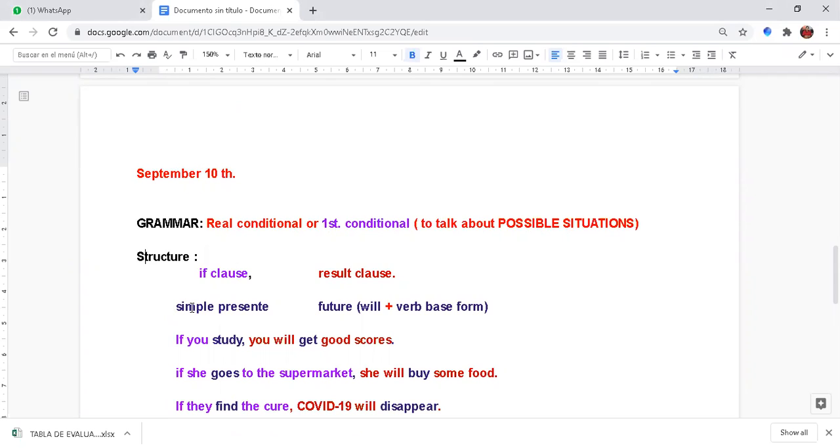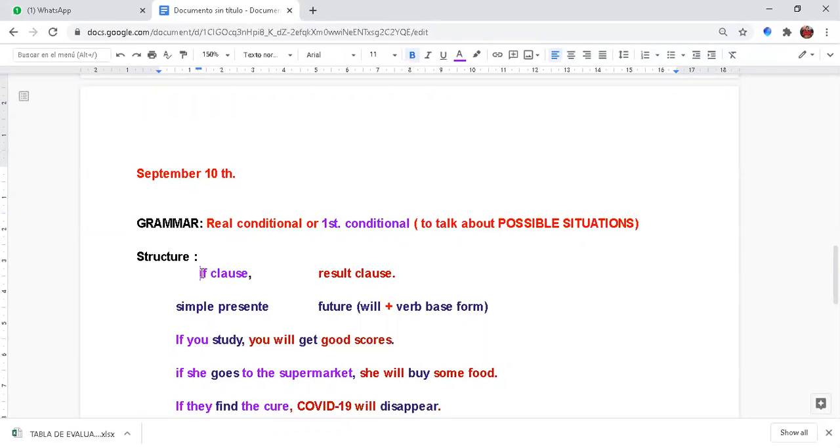When we talk about first conditional, we use clauses, okay? This is the first clause. This is called the if clause. And this if clause has a result clause, okay?